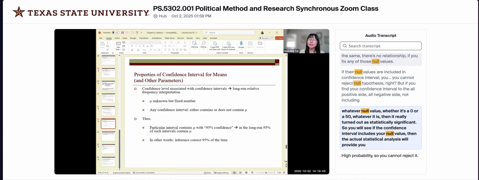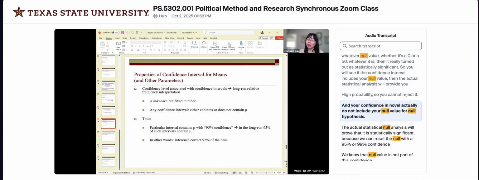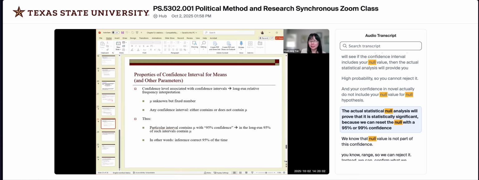significant. So you will see, if the confidence interval includes your null value, then the statistical analysis will give you a high probability, so you cannot reject it. And if your confidence interval does not include the null value for the null hypothesis, the statistical analysis will show that it is statistically significant, because we can reject the null with 95% or 99% confidence.